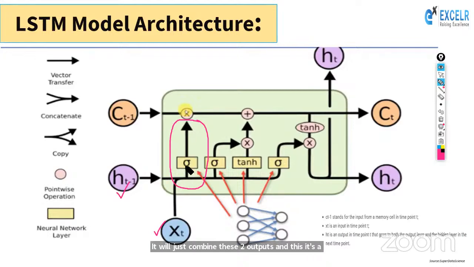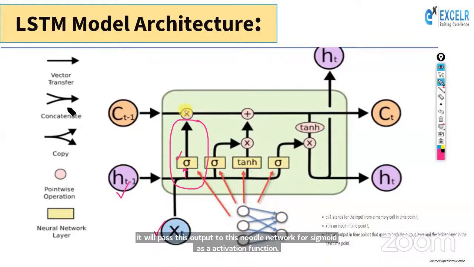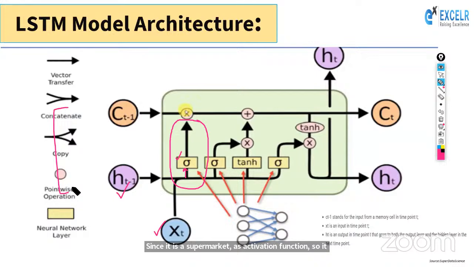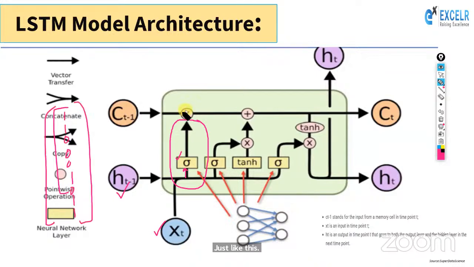So whatever output it will get, it will pass this output to this neural network with sigmoid as an activation function. Since it is sigmoid as an activation function, it will generate the output in either 0 or 1 form, just like this. And this output is being point-wise multiplied with the previous memory cell output, that means the previous cell state.